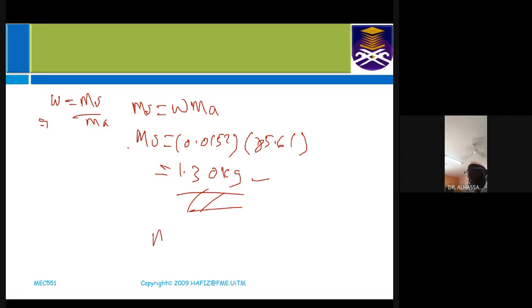So mass of dry air that we got equals to 85.61 kilogram. Okay, so I'll move on to another question.